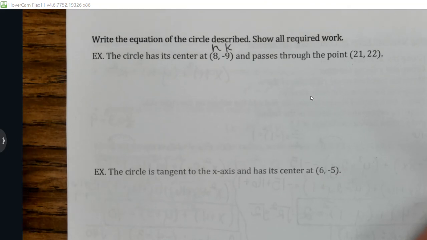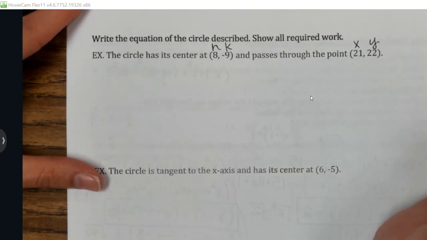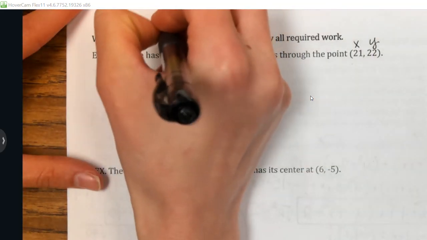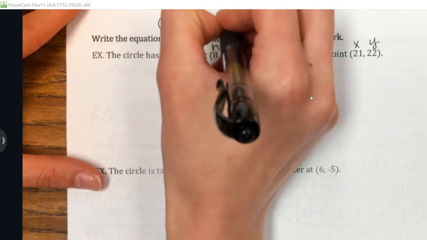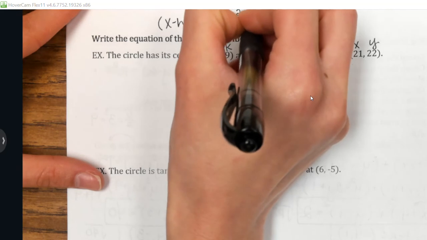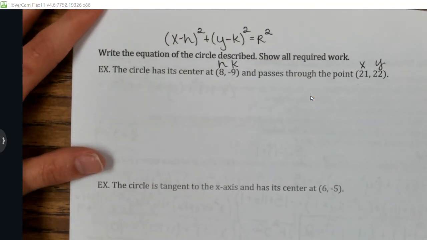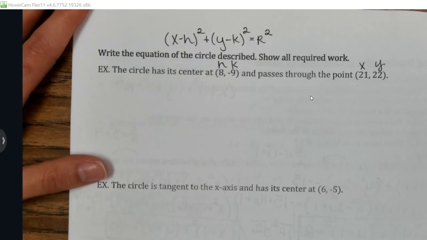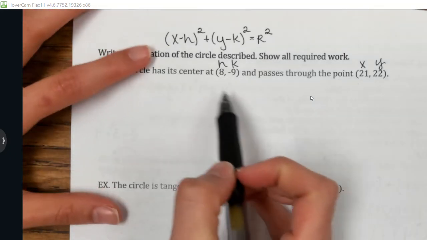My first thought is not to do that. This is my x and y. If my formula is x minus h squared plus y minus k squared equals r squared, the only thing I'm missing is r squared. So what I do is not the distance formula, though you'll get the same answer.